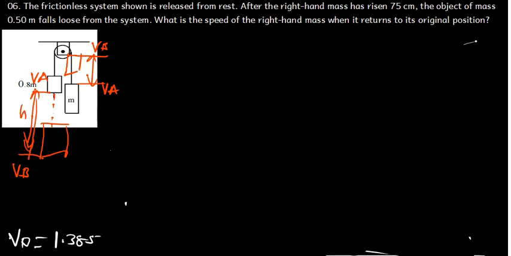Now, to find the velocity when it changed direction and was moving in this direction, we're going to use the same approach. The mechanical energy initial has to be equal to the mechanical energy final. Okay. Now, initially, before it started moving, we have the initial velocity, which is going to be VB now when it is going in this direction.